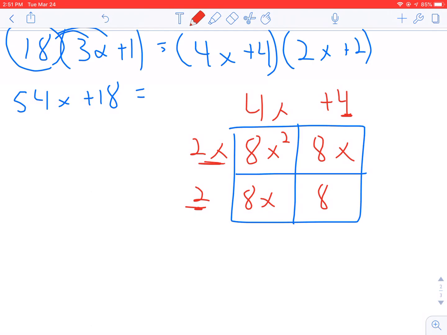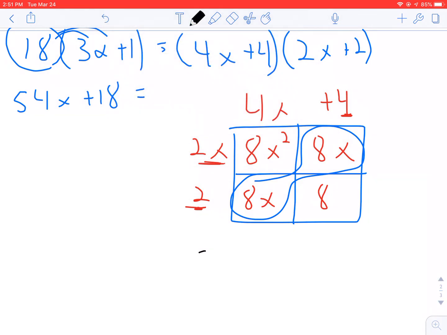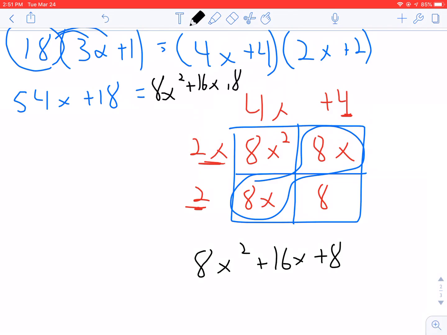So when I go to combine my like terms, they will be the values in the bottom left and top right. And if we want to write this out, we get 8x squared plus 16x plus 8. So that is the second half of my equation here.